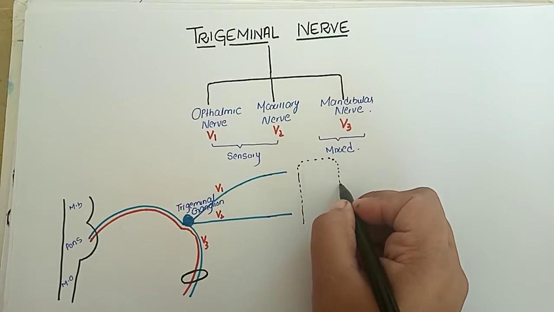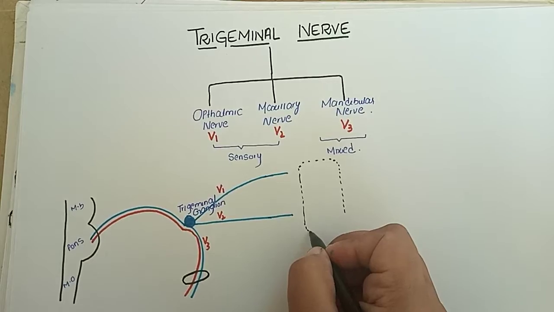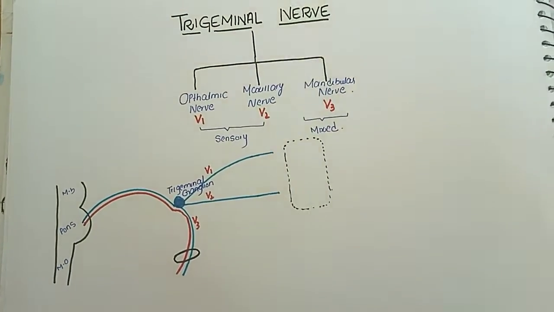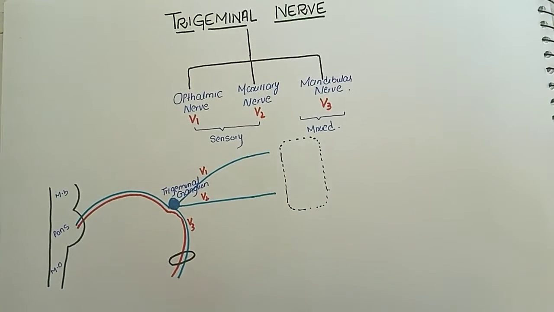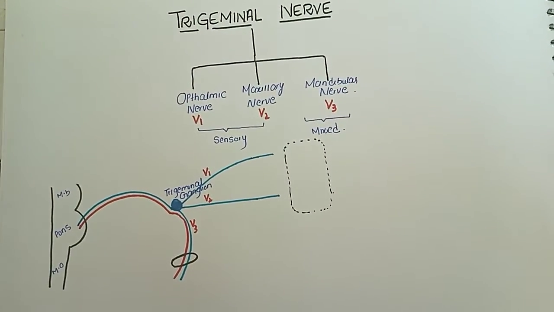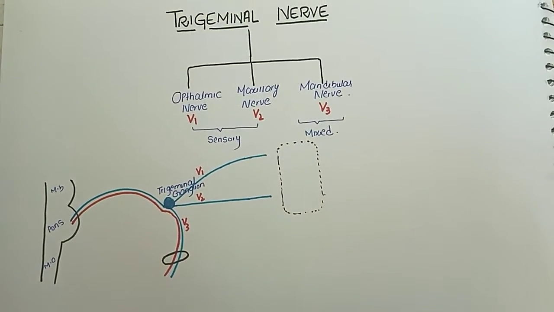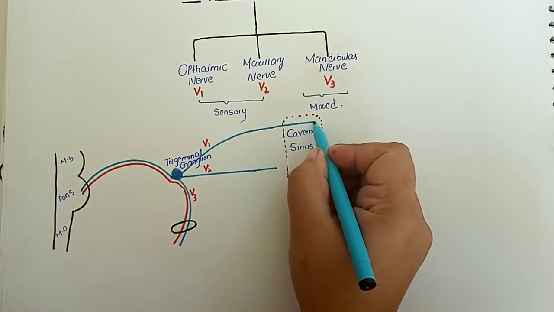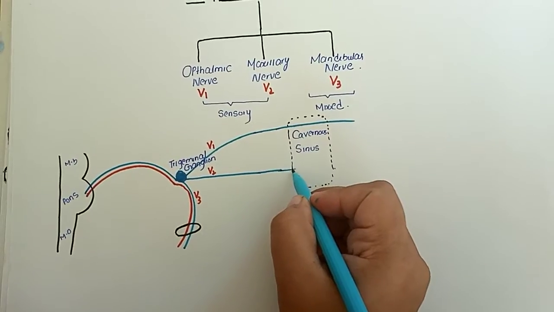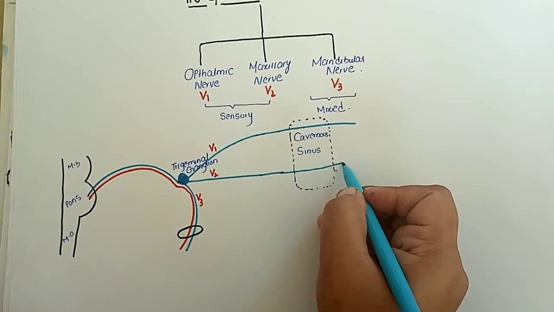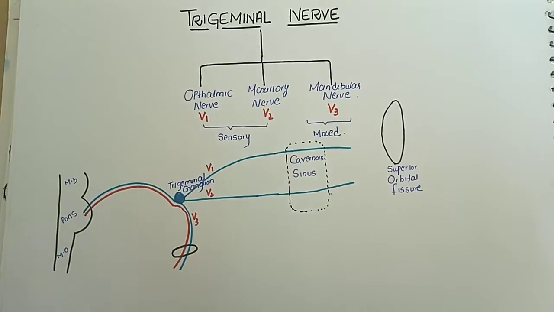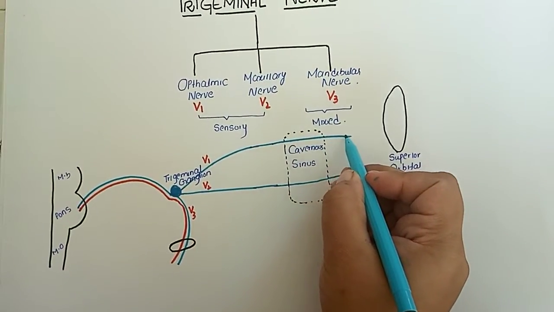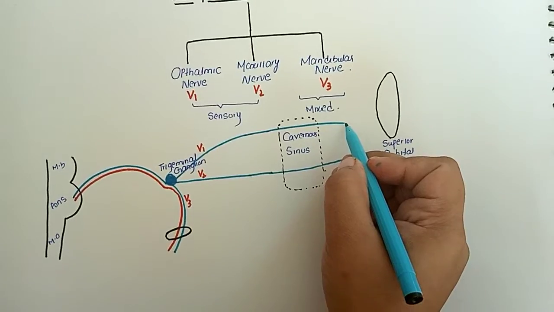The two most important contents of the lateral wall of the cavernous sinus are the ophthalmic division and the maxillary division of the trigeminal nerve. So these two divisions enter the cavernous sinus and leave this sinus through the lateral wall of the cavernous sinus. And in this video I will just talk about the ophthalmic division of the trigeminal nerve and its further divisions.